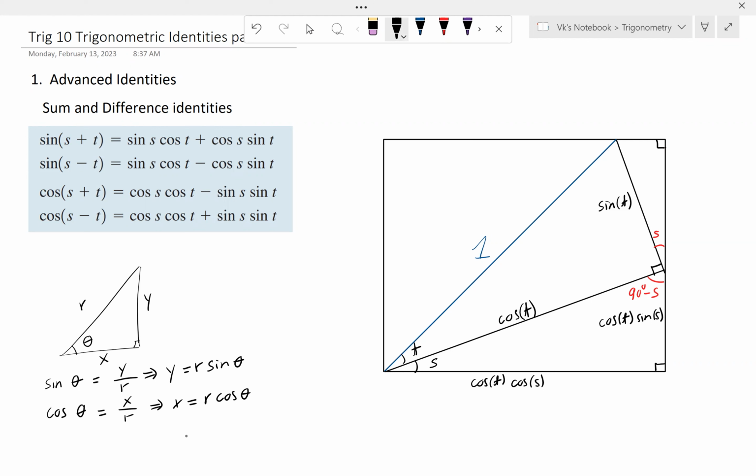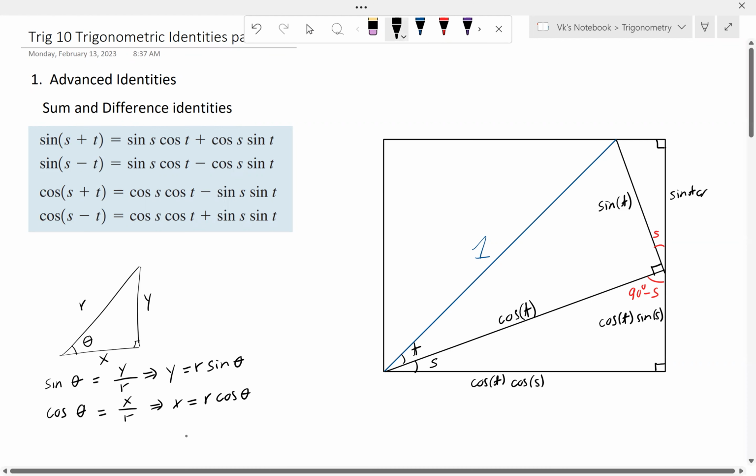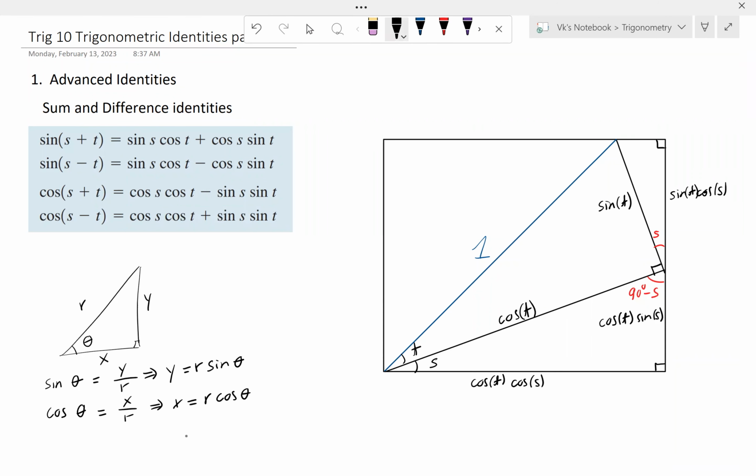The hypotenuse is sine t, right? Adjacent is going to be sine t cosine s. Opposite is sine t sine s. Okay, one more right triangle.